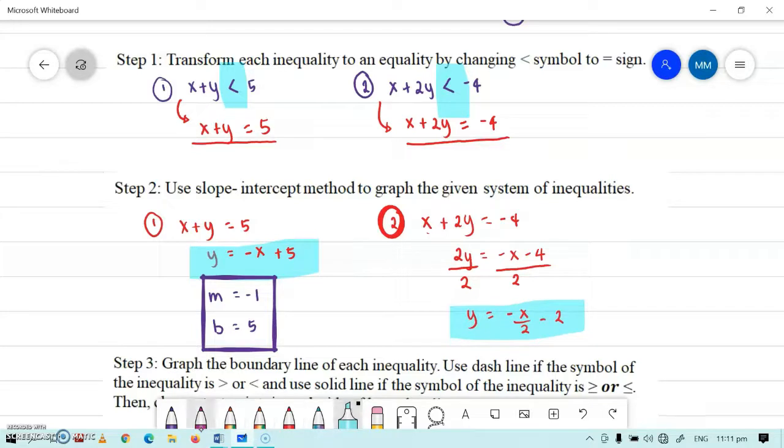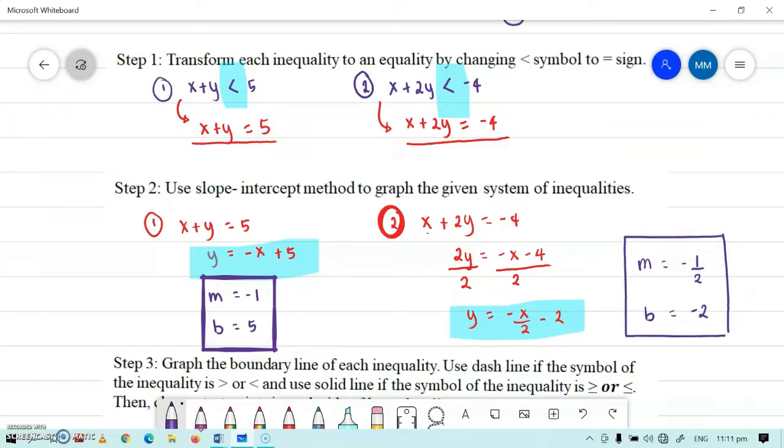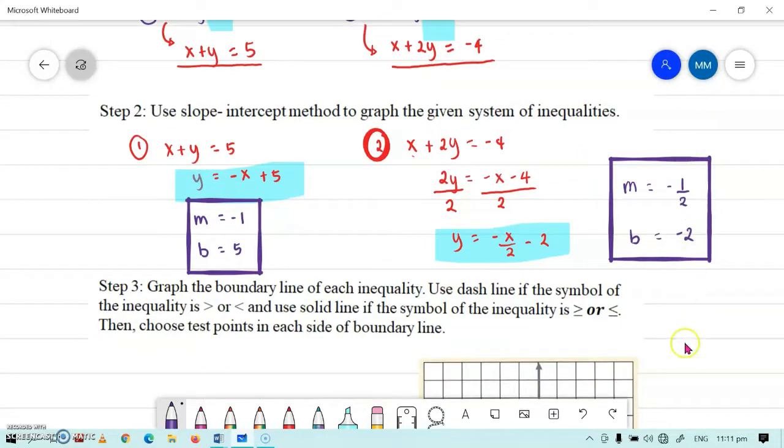We can now directly identify our slope. For this, our slope is -1/2 and our y-intercept is -2. So we are done now with step 2.